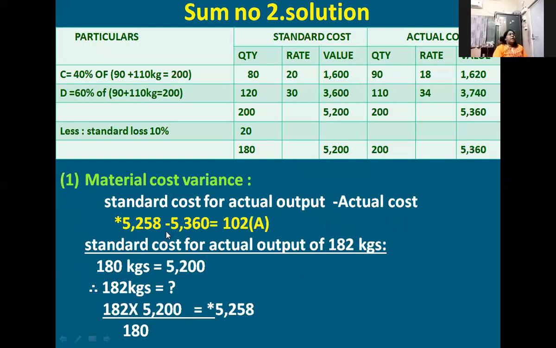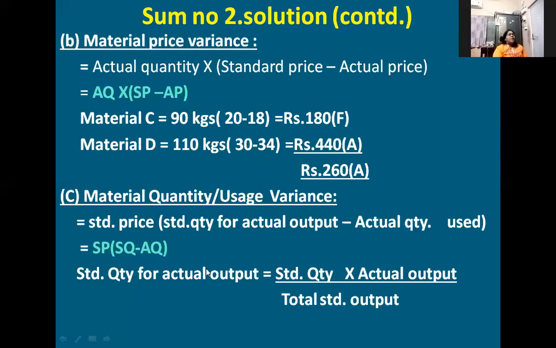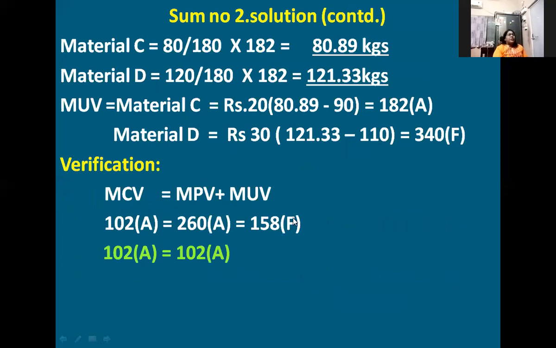So we can have the verification. Already we finished the calculation for material cost variance, that is 102 adverse. So 102 adverse, and usage variance we calculated 158 favorable, and material price variance we calculated as 260 adverse. So here it is plus, please change it to plus.